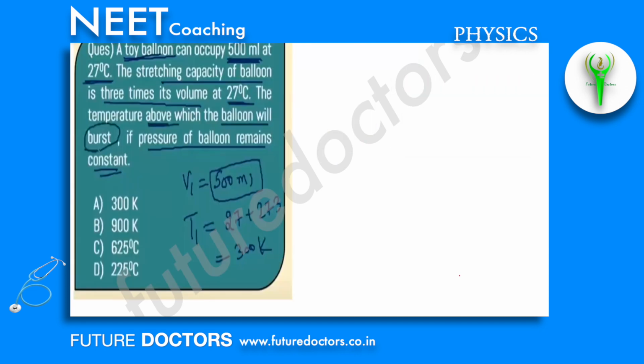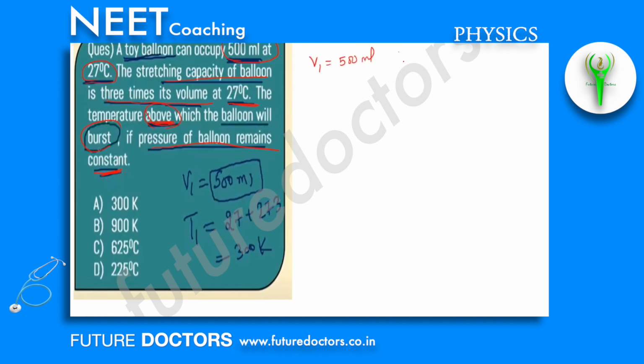Take down this question, calculate and tell me what is the answer. A toy balloon can occupy 500 ml at 27 degrees. The stretching capacity of the balloon is 3 times its volume at 27 degrees. Find the temperature above which the balloon will burst if the pressure of the balloon remains constant. So they are asking at which temperature the balloon will burst. V1 is given as 500 ml.